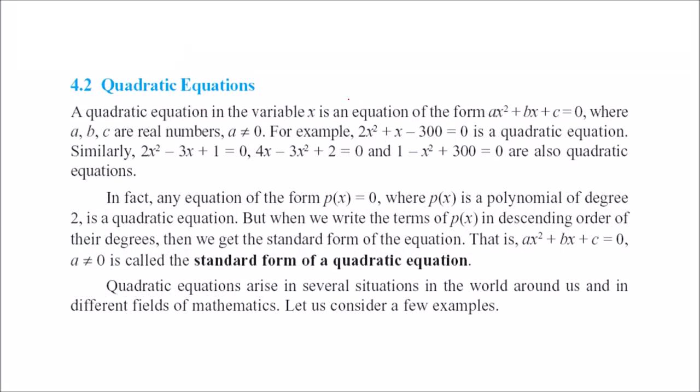So quadratic equation, as we discussed, you take any variable x. Why do we take x? Because x is not very common in the sentence, so we generally take x as the variable. This form, ax square plus bx plus c, is the quadratic equation, where a, b, c are real numbers and a cannot be 0, because if a is 0, this will become a linear equation.